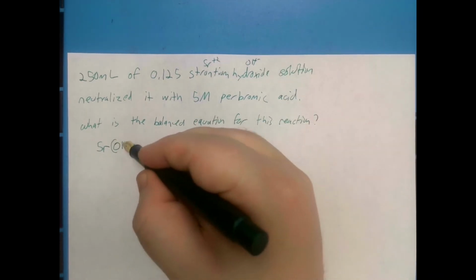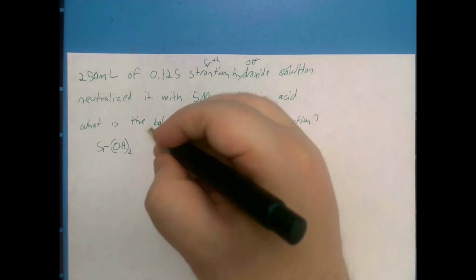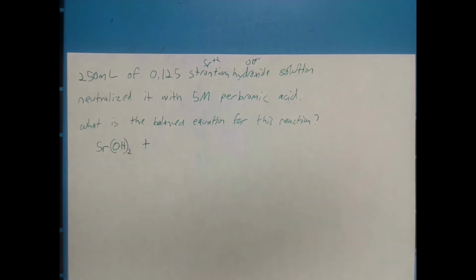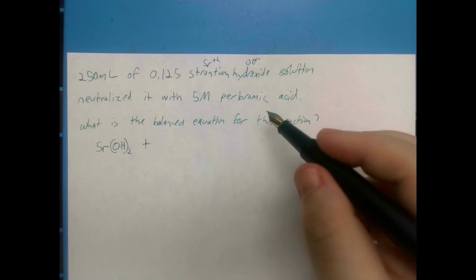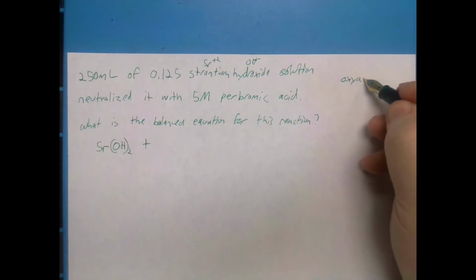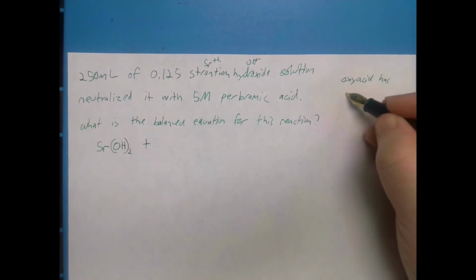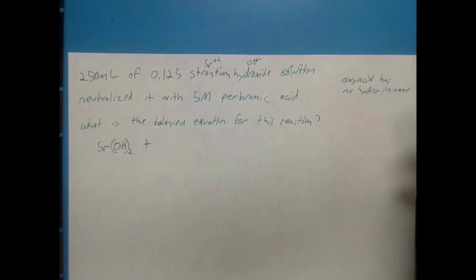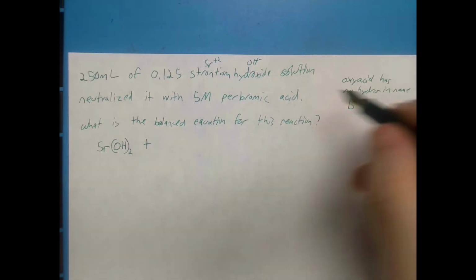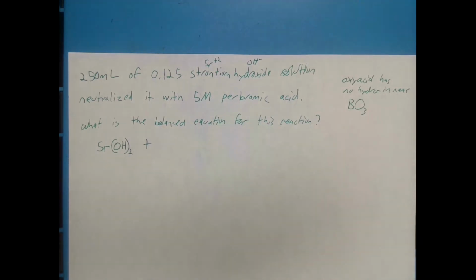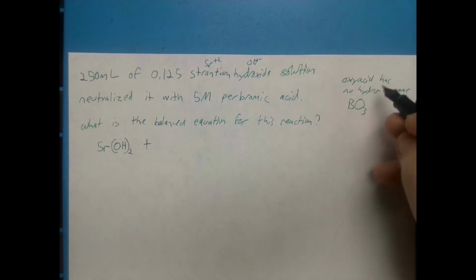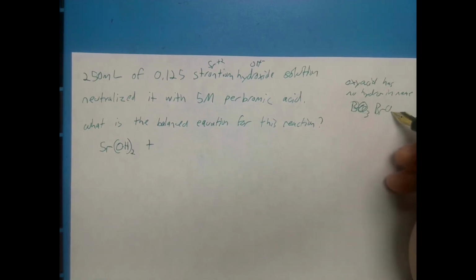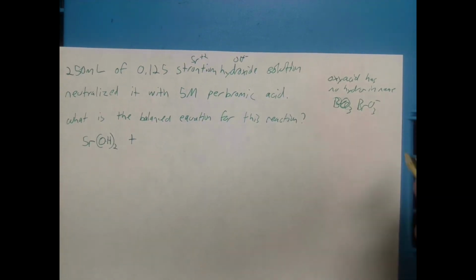So you need 2 OHs to counteract that charge. And what's the formula for perbromic acid? It doesn't have hydro in front of it, so you know this is going to be an oxyacid. Oxyacid has no hydro in the name. So we know bromine mixed with oxygen, O3, and it's a halogen, so this should be Br. BrO3 has a negative charge. All the halogen oxyions have -1.